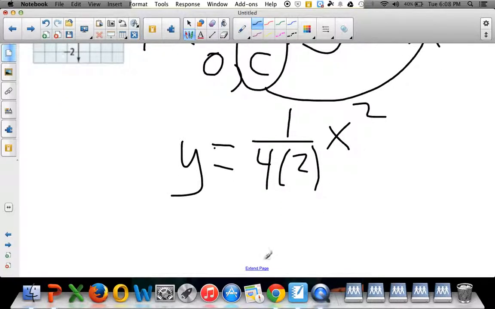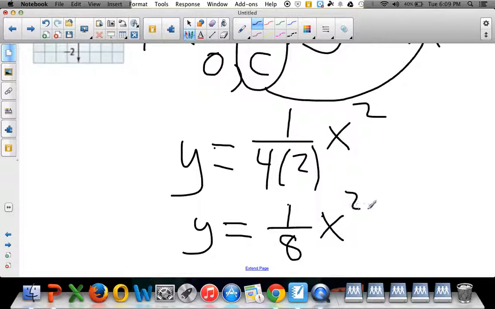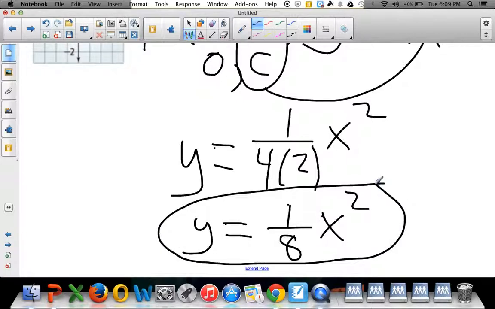Simplifying this more, I'm going to have y equals 1 over 8x squared as my answer. That is an equation of a vertical parabola with vertex at the origin and focus 0, 2.